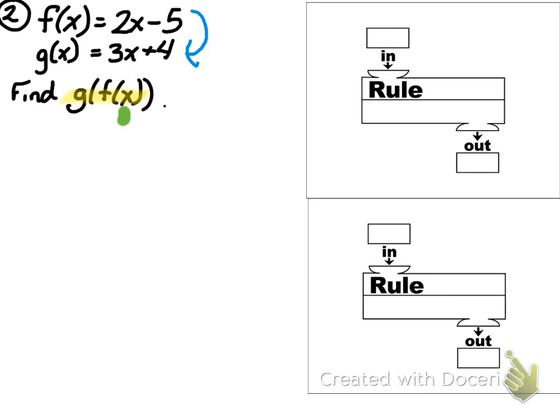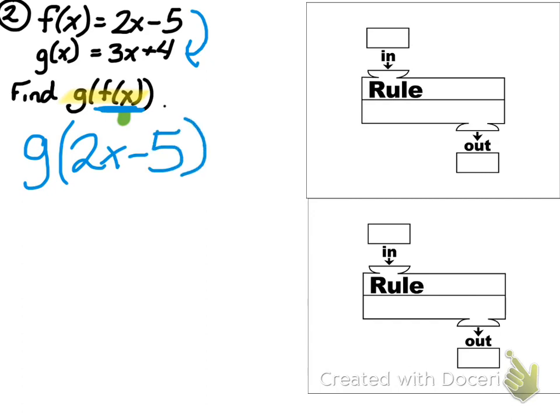So we're not coming up with a numeric answer like a 5, a 6, a 7. Although sometimes that can happen, typically we're going to come up with an equation. So let's start one piece at a time. We need to figure out what we're going to plug into that g function. We're going to plug in what f of x is, and f of x is 2x minus 5.